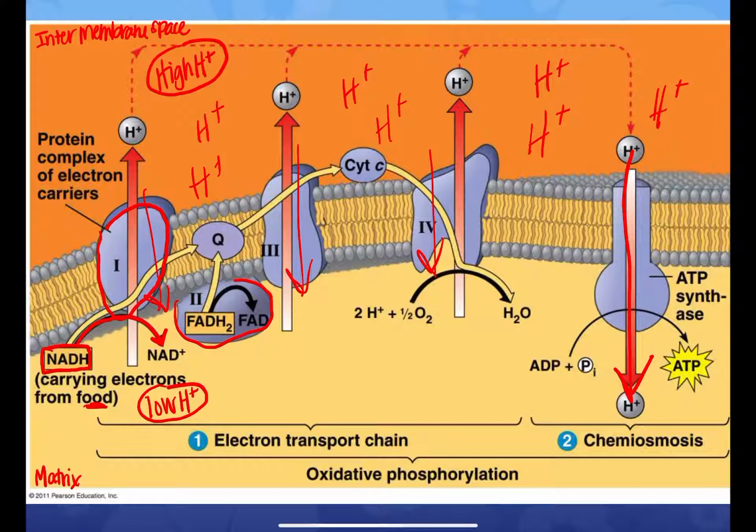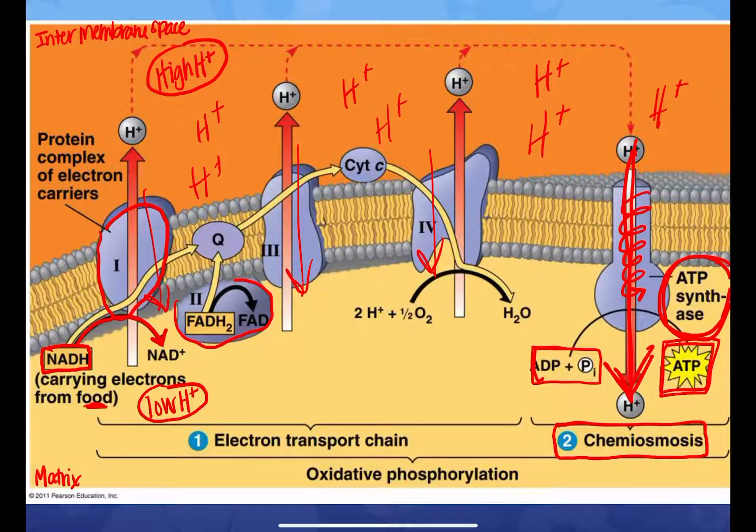But what does allow a channel back down this way is ATP synthase, okay? And so when these hydrogen ions move through ATP synthase, they cause that turbine to spin, which results in the conversion from ADP to ATP, okay? And that's what chemiosmosis is, all right?